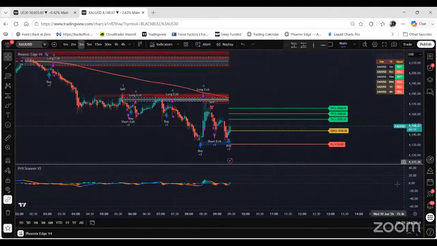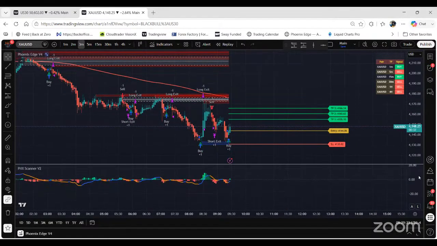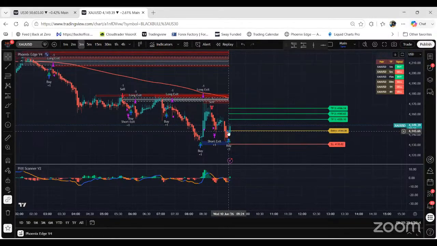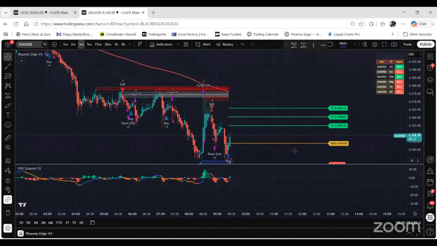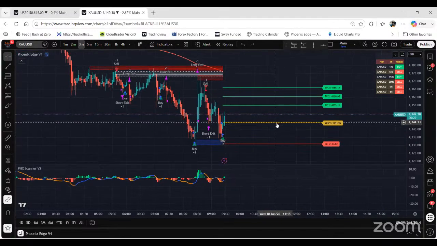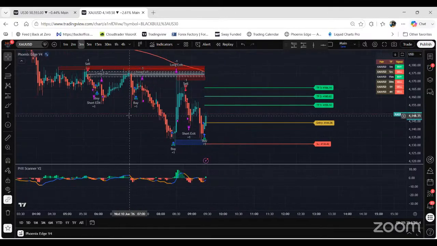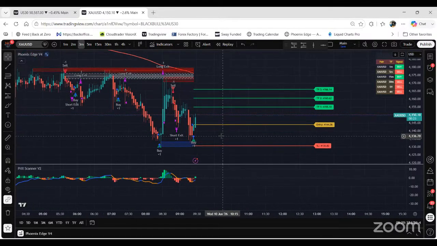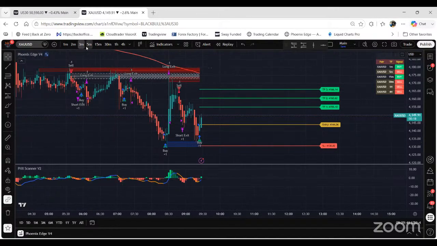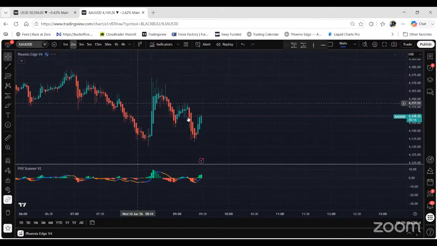We currently have a buy. Is that matching up with momentum? Not to the next candle. Jasmine, you got it now? It's probably a little better on a 2 minute.